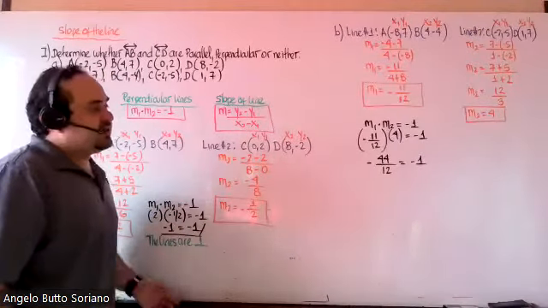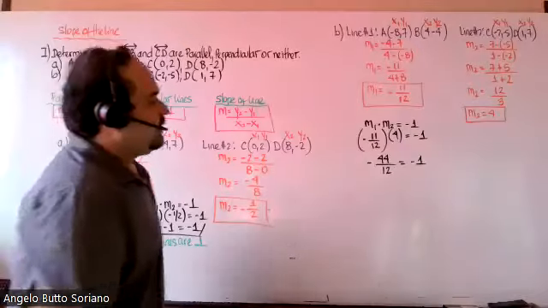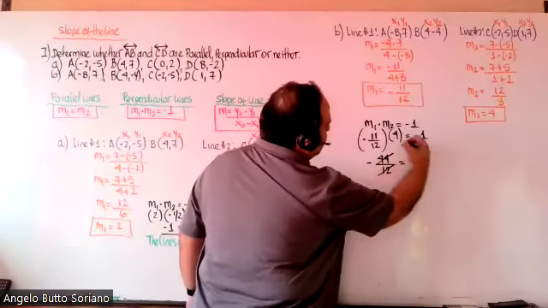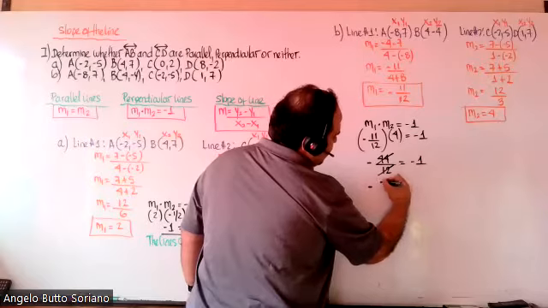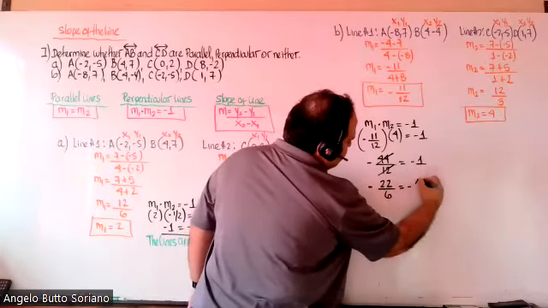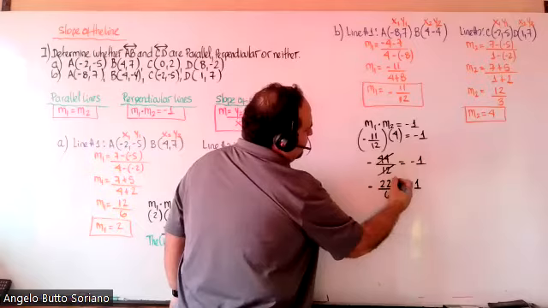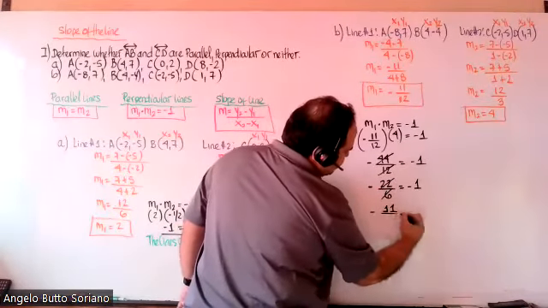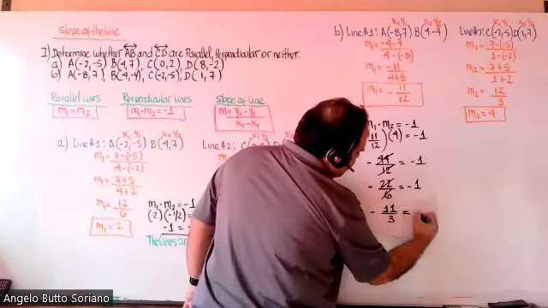We can simplify this expression. Remember, 44 can be divided by 2, and 12 also. That will be negative 22 over 6. It can be divided by 2 again. Half of 22 is 11, half of 6 is 3.